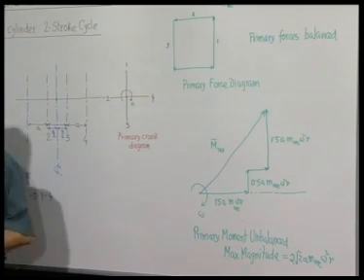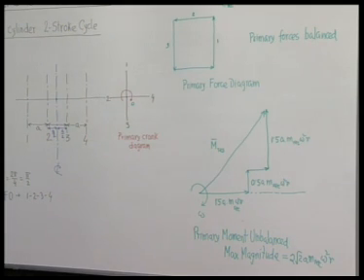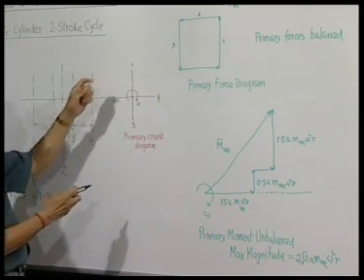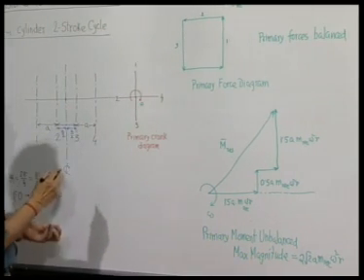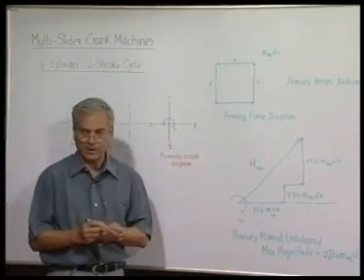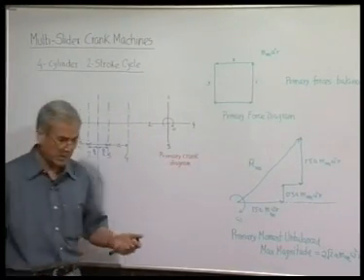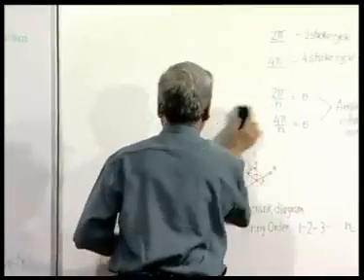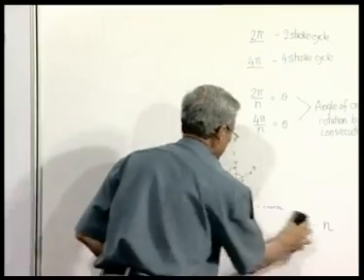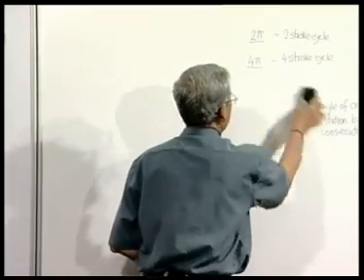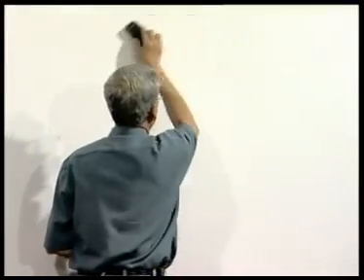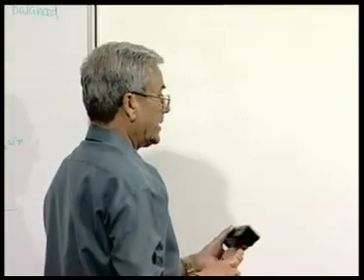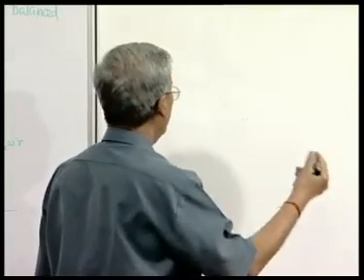Now, when we have to investigate the secondary unbalanced forces, first we have to draw the secondary crank diagram. We have seen that in any reciprocating engine or slider crank mechanism, the secondary crank rotates at a speed twice that of the primary crank, which is nothing but the actual crank, and at an instant it has rotated through double the angle.